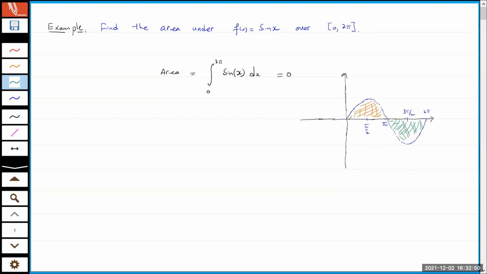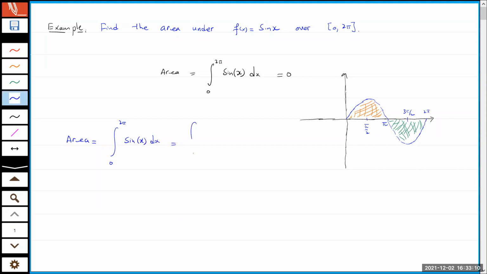To get the total area enclosed by sine x and the x-axis from 0 to 2 pi, I need to write area as this integral from 0 to 2 pi of sine x dx, but I have to split it.